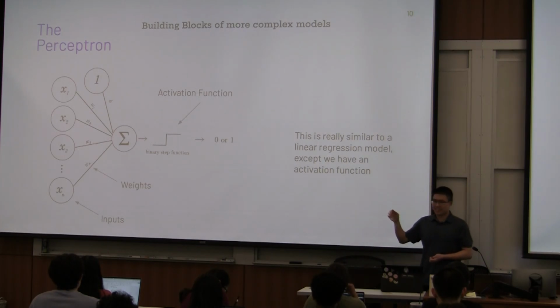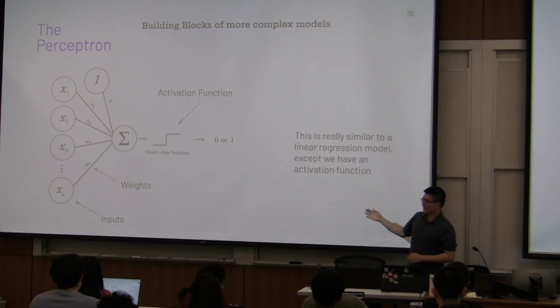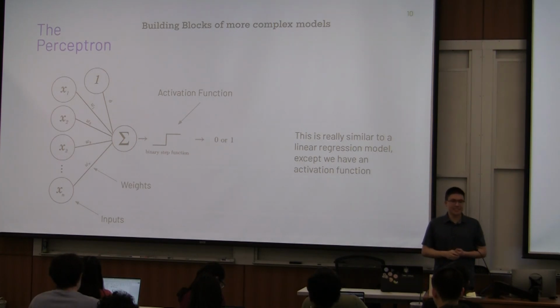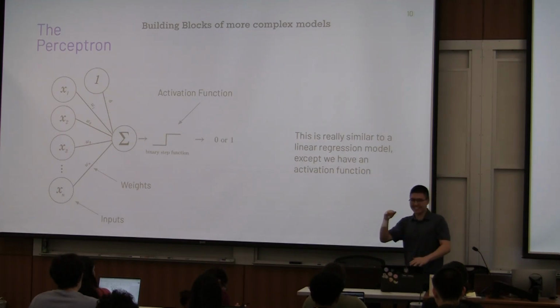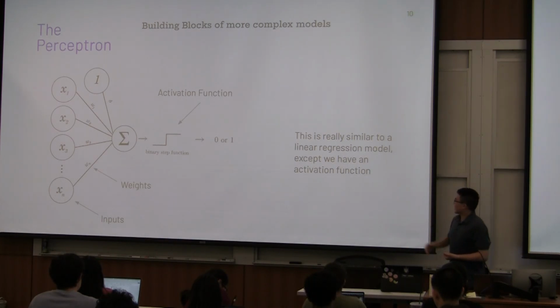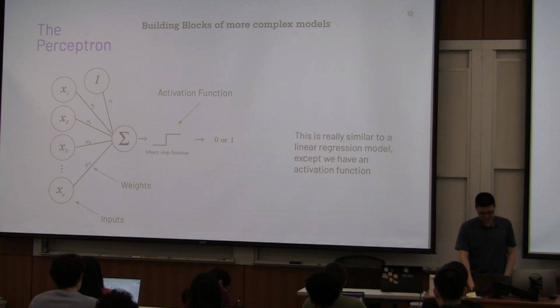So this will constrain our output to 0 or 1. This is just one of the many activation functions we can use, but it's one of the simplest, easiest to understand. If it's negative, we get 0. If it's positive, we get 1, right? So this is really similar to linear regression, but we do have an activation function.